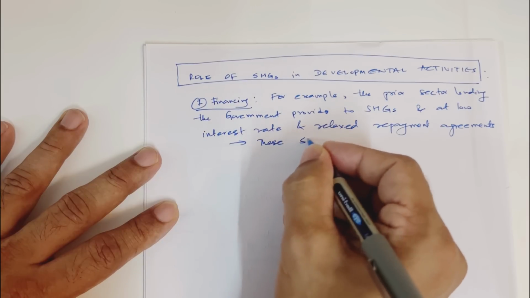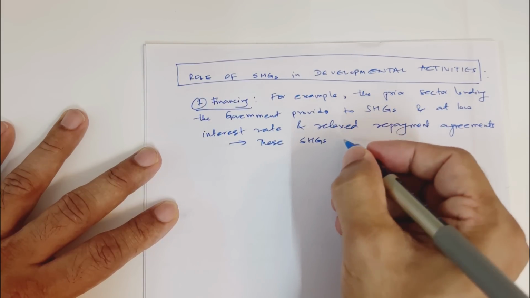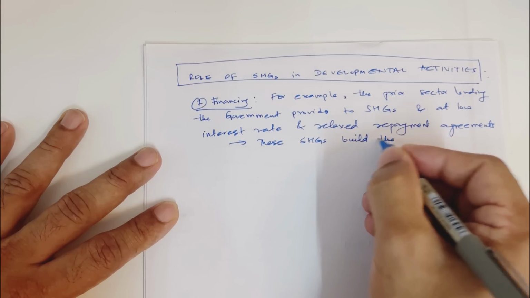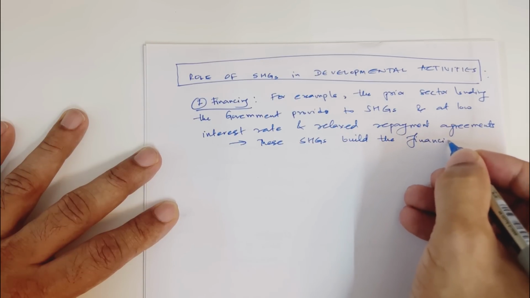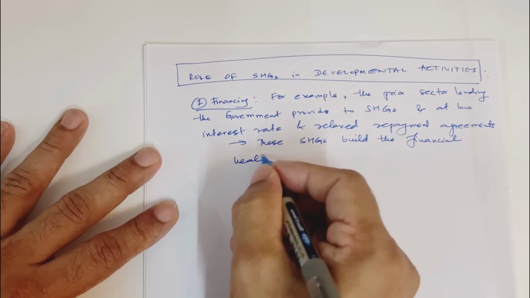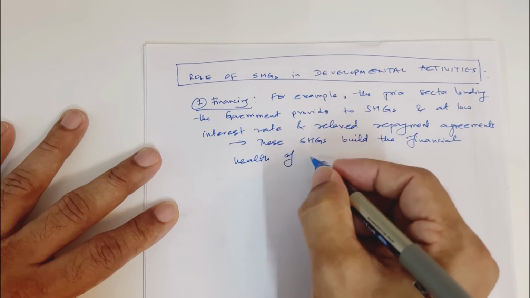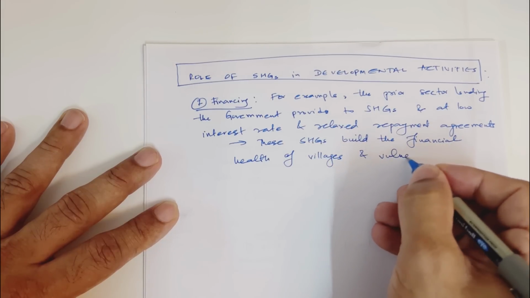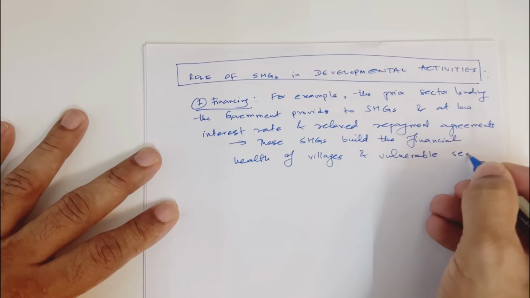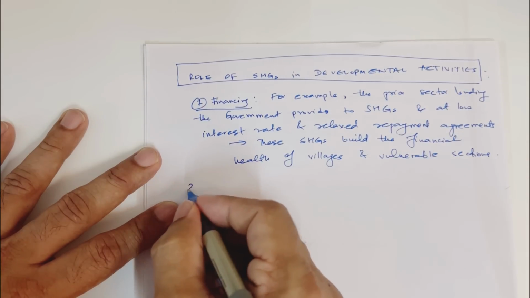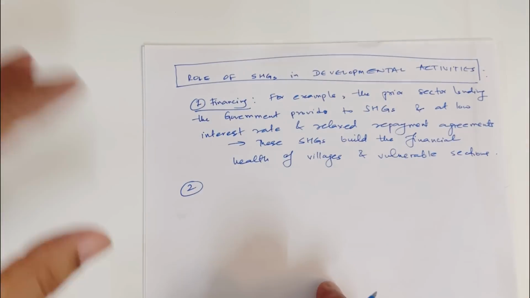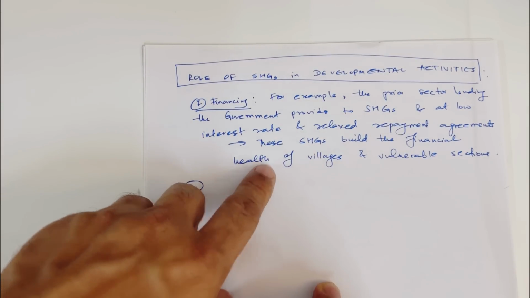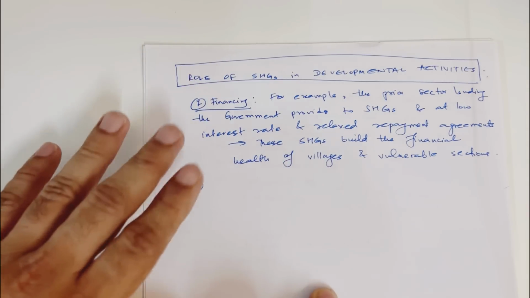These SHGs build the financial health of villages and vulnerable sections. Financing, what is the example? Straight to the point, not beating around the bush, not trying to explain. And then providing the exact benefit also here.